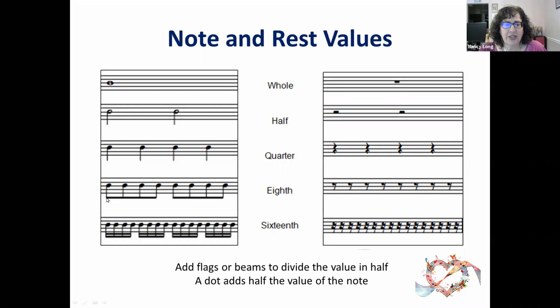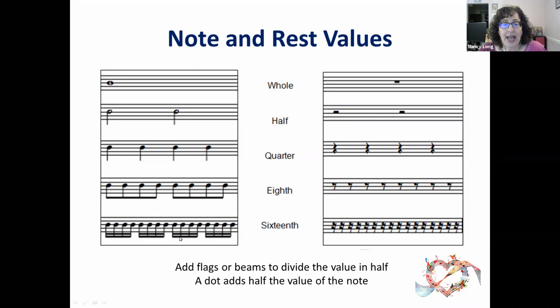I'll point out a flag to you somewhere when we're looking at music, but that basically cuts the note in half again. So 2 eighth notes equals 1 quarter note. 4 eighth notes equals 1 half note, or 8 eighth notes equals 1 whole note.